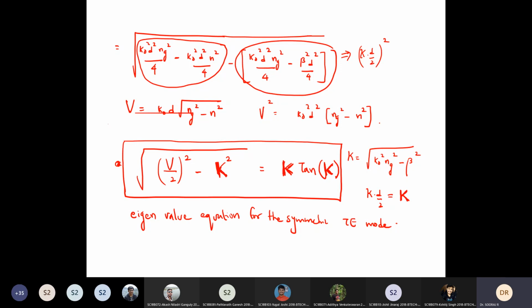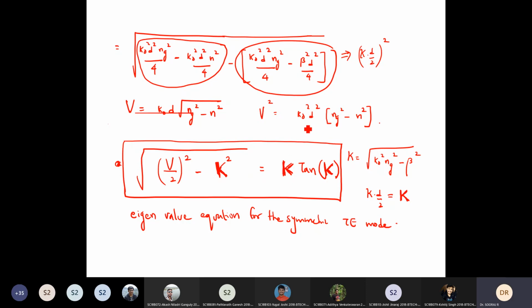So K tan K is equal to root of V by 2 the whole square minus K square. Though we have defined new symbols here, capital K and capital V, it's all basically related to the waveguide parameters.